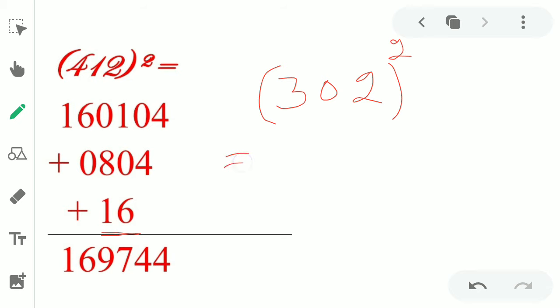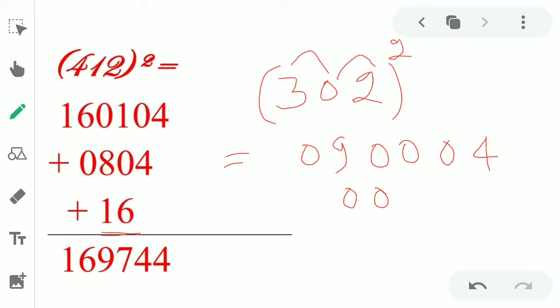We can write it as 09, square of 0, 00, square of 2, which is 4, but we write in 2 digits, 04. Now we multiply these numbers. 3 multiplied by 0 is 0. We will double 0, which is 0. Hence we can write it 00.